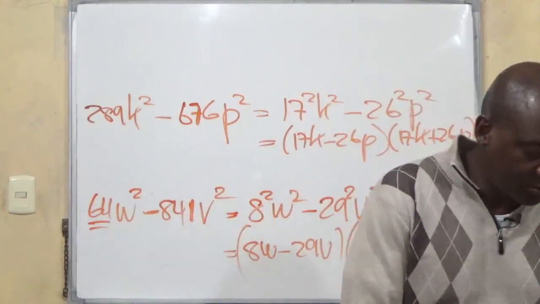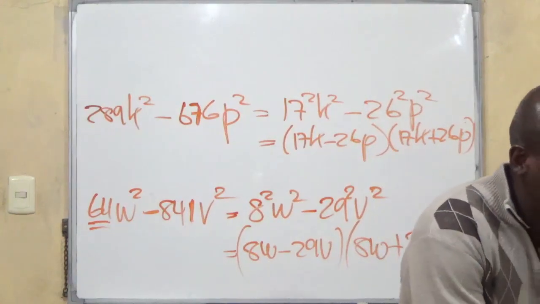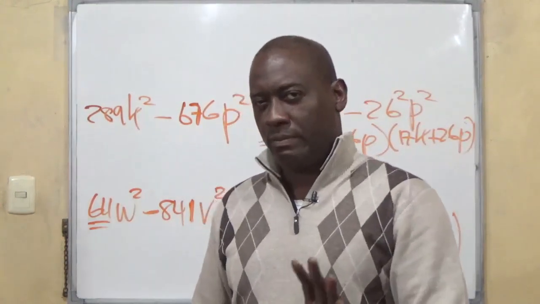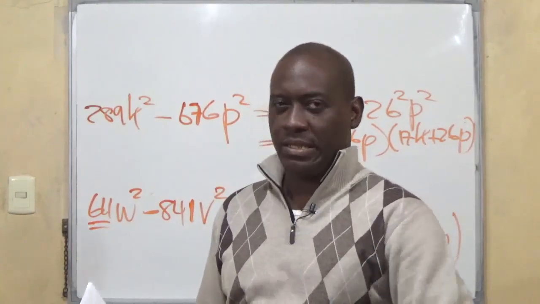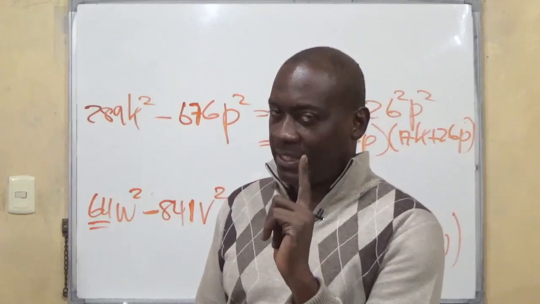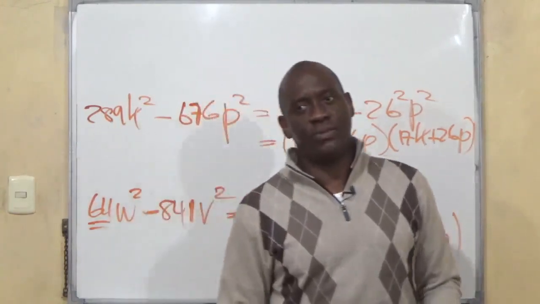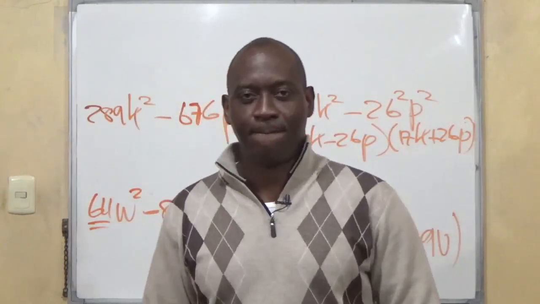Right, so let us go on now to another level of the difference of two squares. And in this level, the perfect square is not obvious from the first line. Every example we have done up to this point, as soon as you watch the first line, you realize, aha, perfect square.